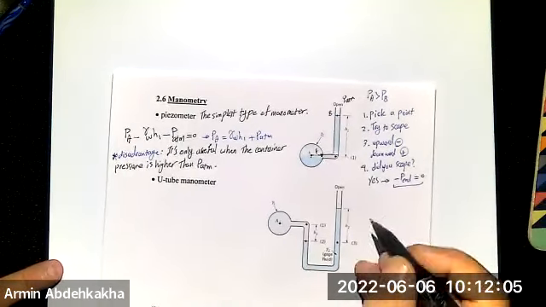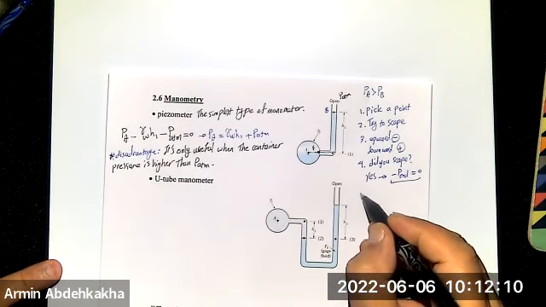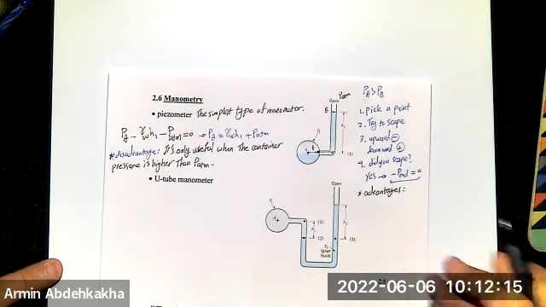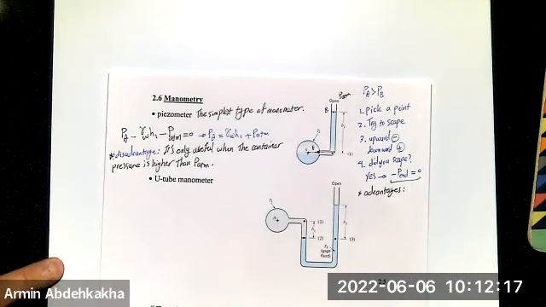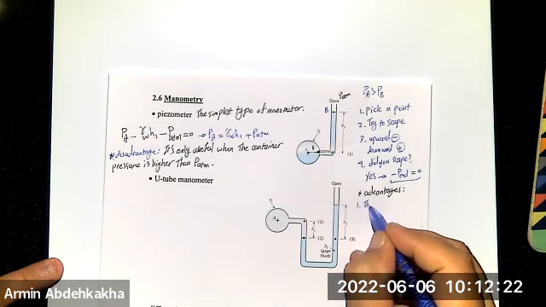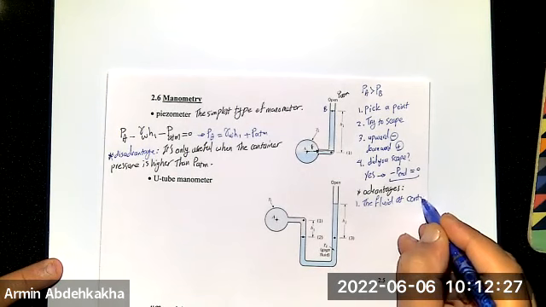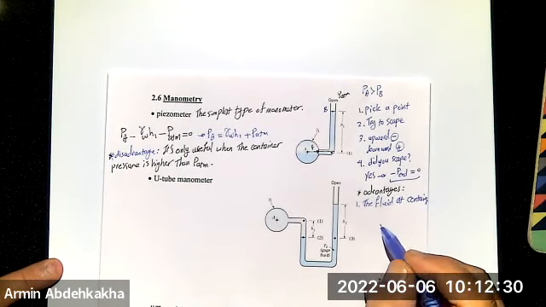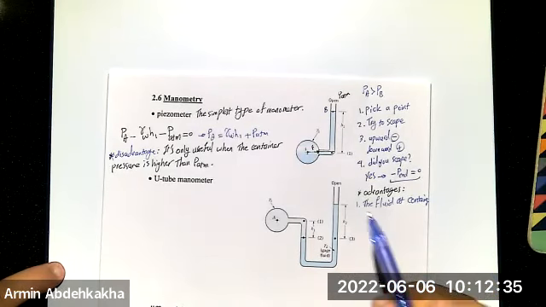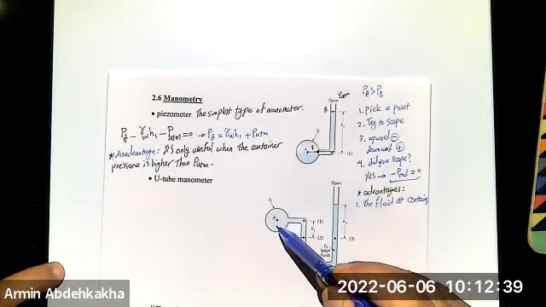So to solve that, we use the U-tube manometer. So what is the advantage of this? The first advantage is the fluid at the container could be fluid or gas, right? Here you cannot have a gas, but here, if you put a fluid here, then you can have a gas here.